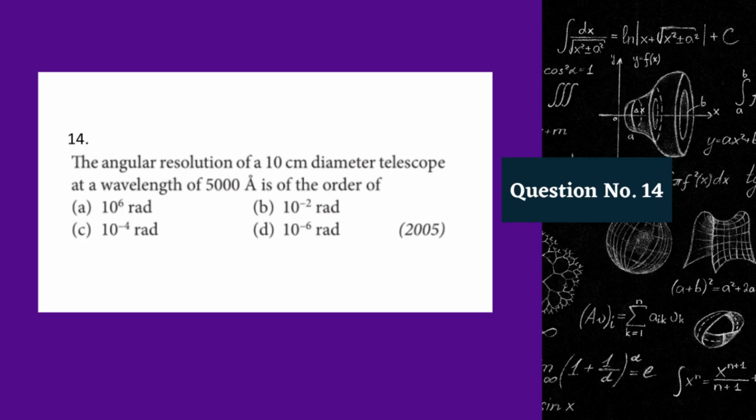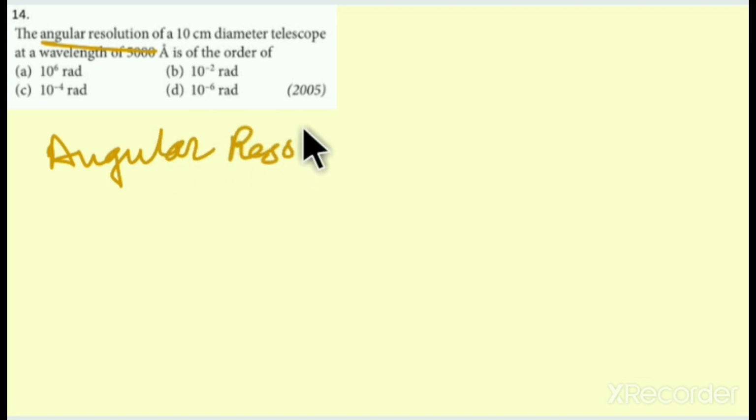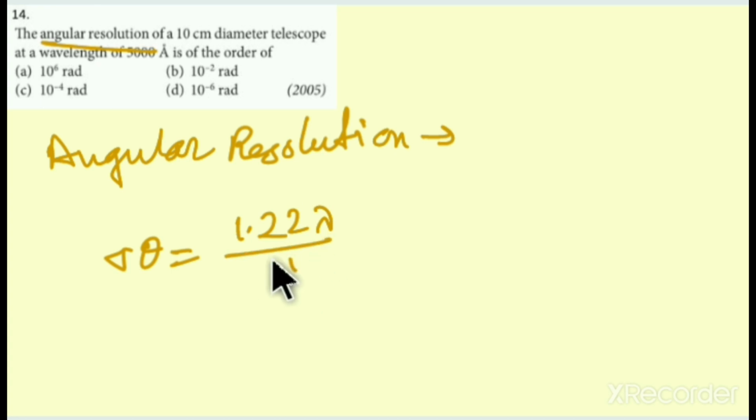Here the angular resolution is needed. So the angular resolution is given by delta theta, which is 1.22 lambda by d. d is the diameter and lambda is the wavelength.